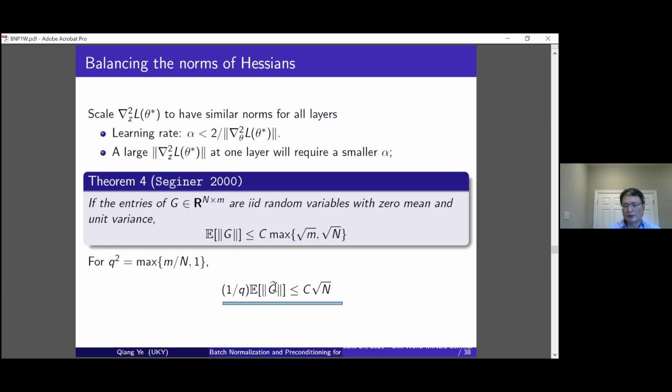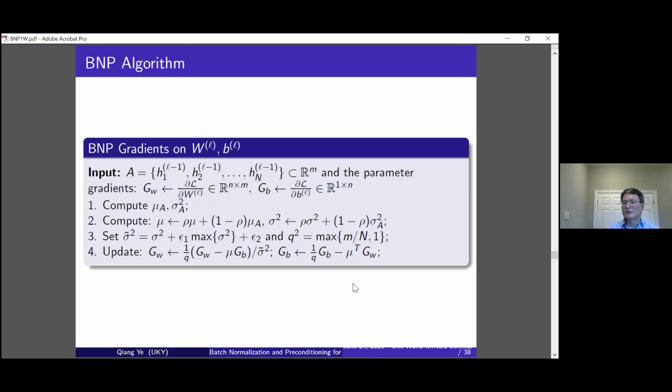So by doing this scaling, this norm becomes independent of the layer. It doesn't depend on M anymore. Instead, it just depends on n, which is the mini batch size, which is the same throughout. So we are able to make the norm basically similar.